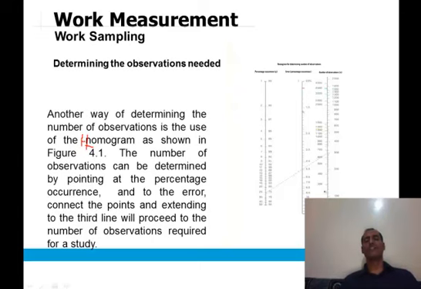As shown in the figure, the number of observations can be determined by pointing at the percentage occurrence, which is the running time, and at the error, connecting the points and extending in a straight line to the third line, which represents the number of observations.